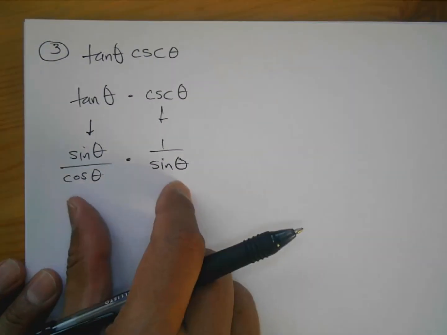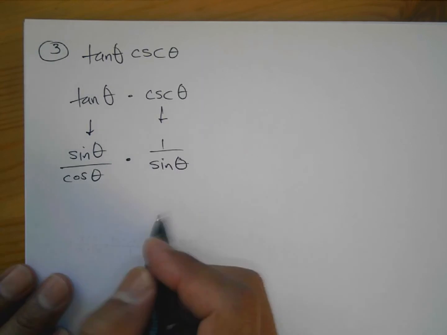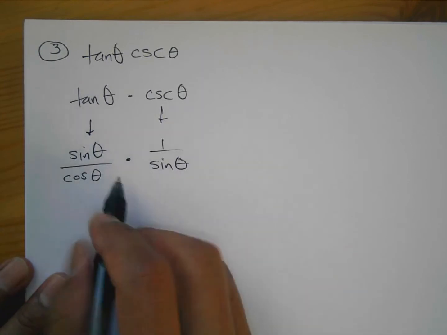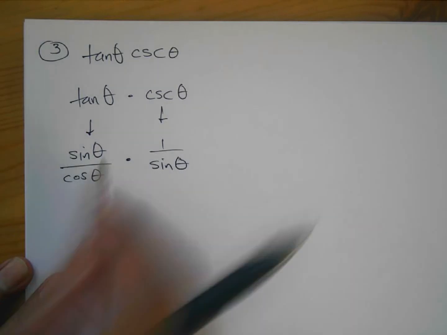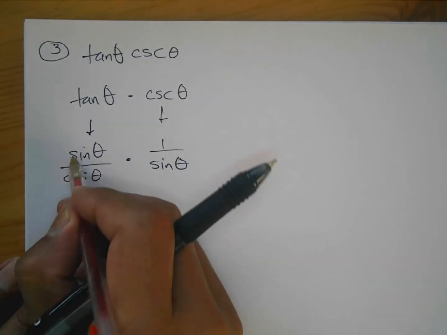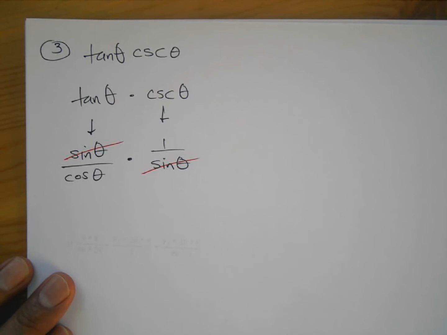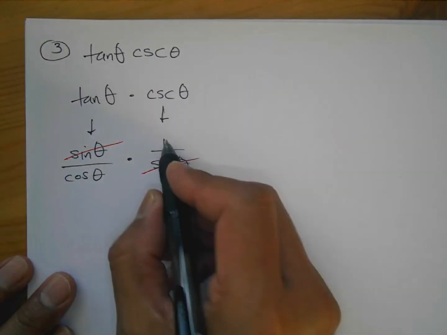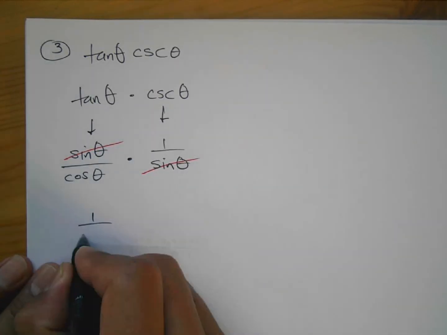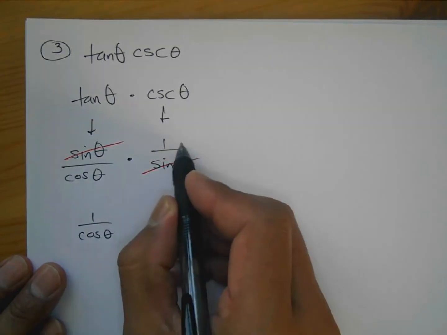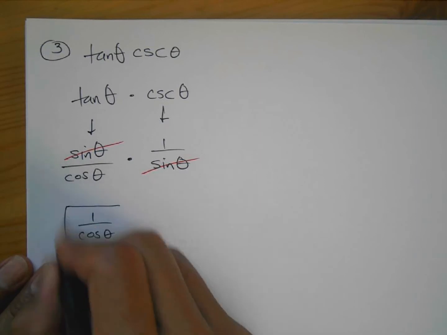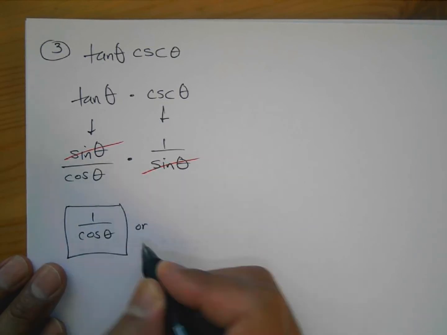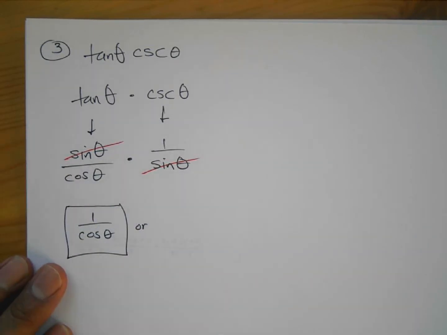And we're getting back to the scenario, a fraction times a fraction. Something in the bottom can cancel with something on the top. You are left with what? The answer is 1 over cosine, right? The 1 is on the top, the cosine is on the bottom. This is acceptable, but I think the book is going to say the answer is secant.